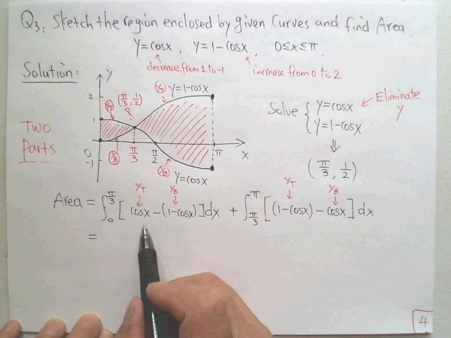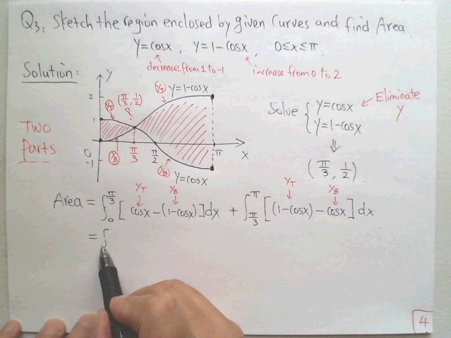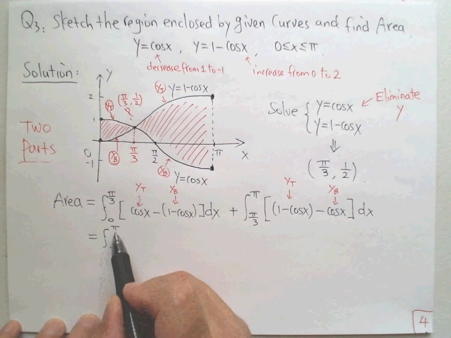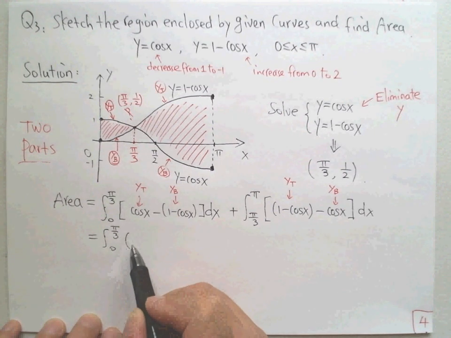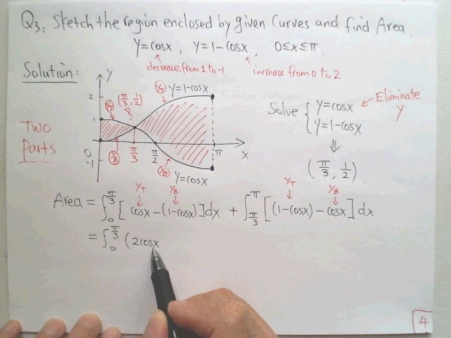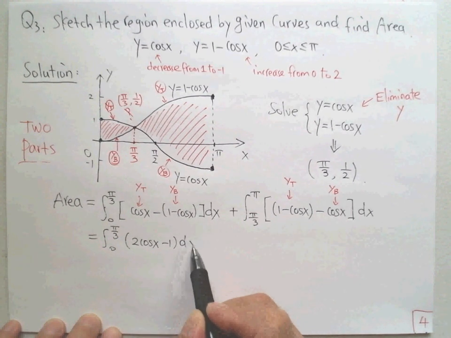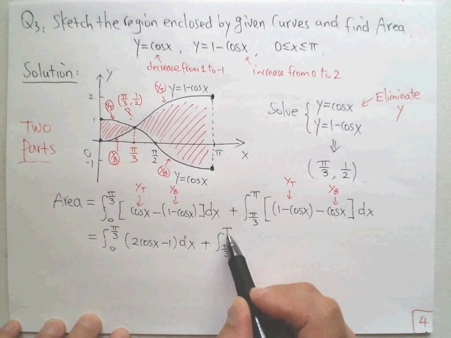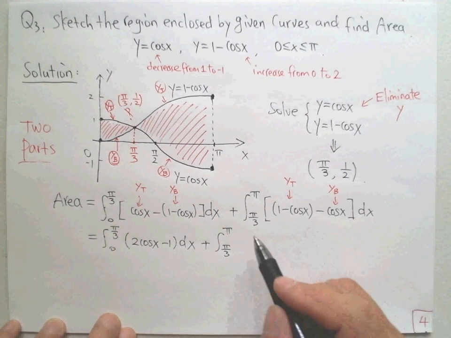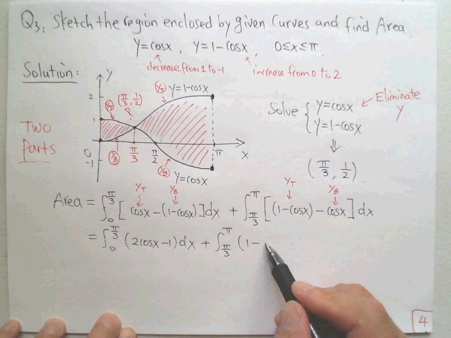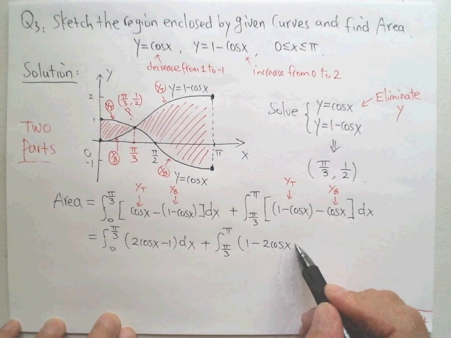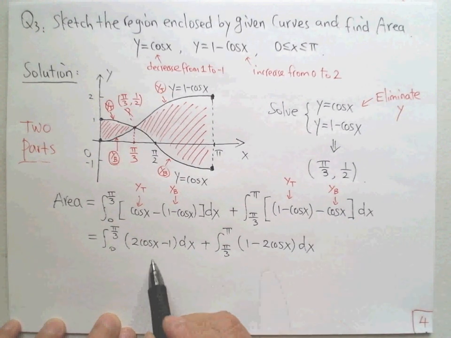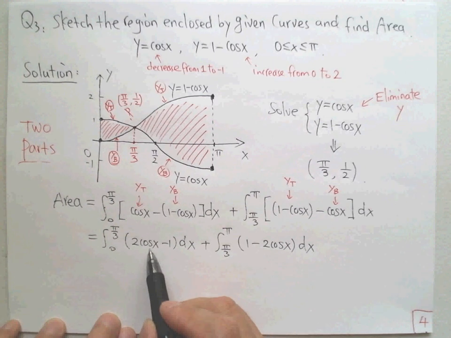After we set up, what we have left is just the calculation. I will go quickly. First simplify from 0 to pi over 3: 2 times cosine x minus 1, dx. Then simplify the second: 1 minus 2 times cosine x, dx.